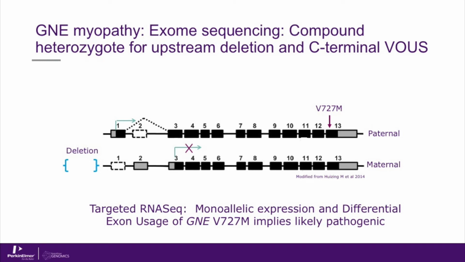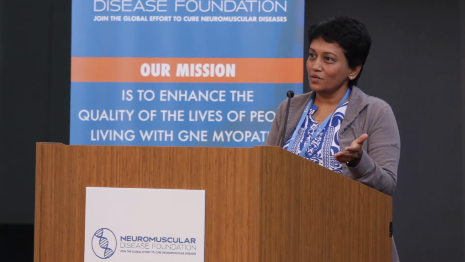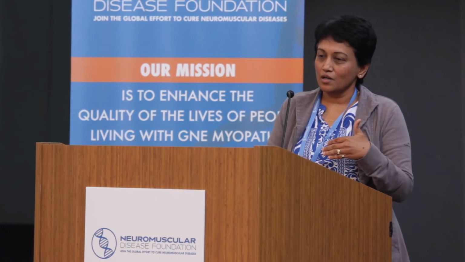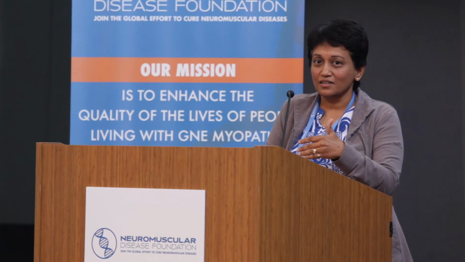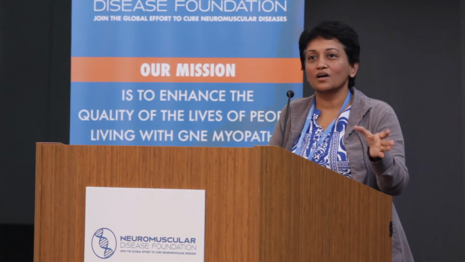And I think Wayne talked about that on the panel, that every disease, every gene, every mutation acts differently on that protein or the enzyme. And this is a very good example. So the common Indian mutation actually has a different effect than the deletion itself. In this case, the deletion results in a monoallelic expression.